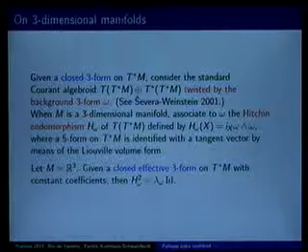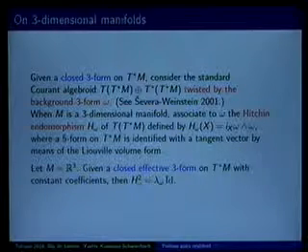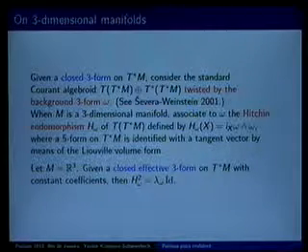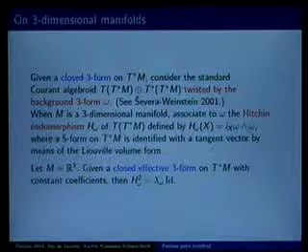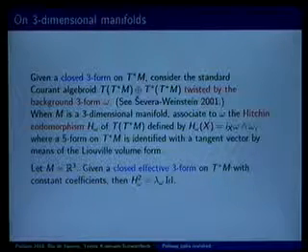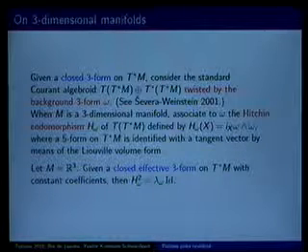But then, because you are in the presence of a three-form, you can twist that standard Courant algebroid structure of T star M plus T star of T star M by the three-form omega, which is then called a background three-form, to obtain a new Courant algebroid structure. This was explained in the paper of Pavol Ševera and Alan Weinstein in 2001.